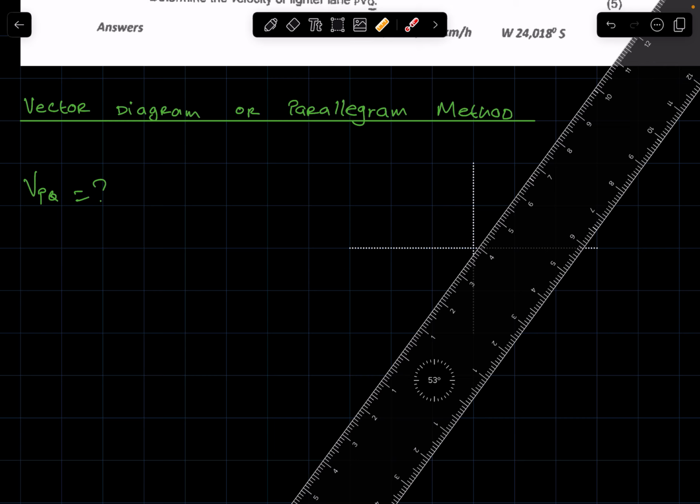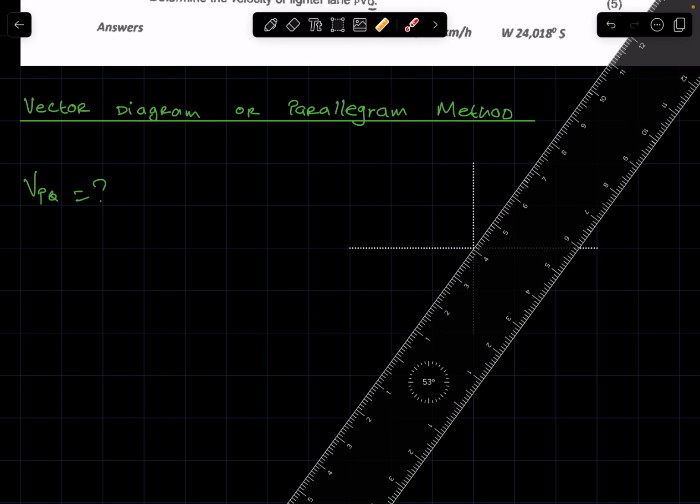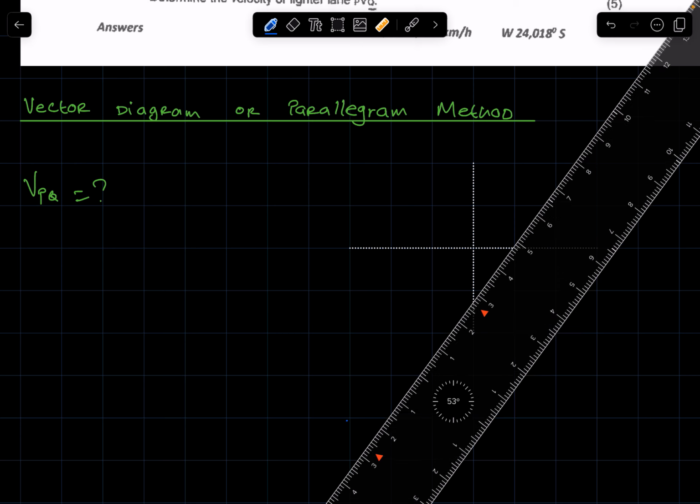After having placed your protractor parallel to this line, you then measure 53 degrees going in that direction, and where you have 53 degrees, that is where you place a point.